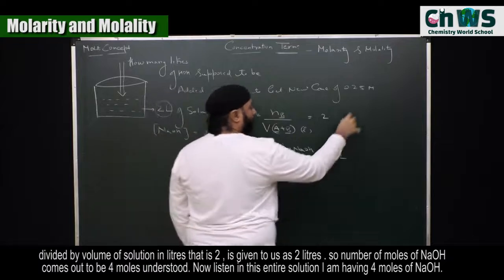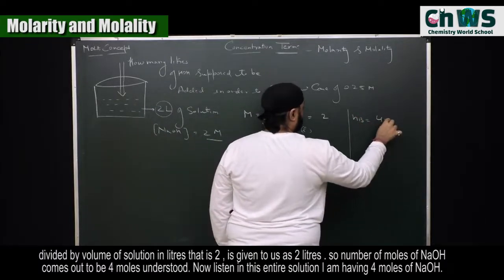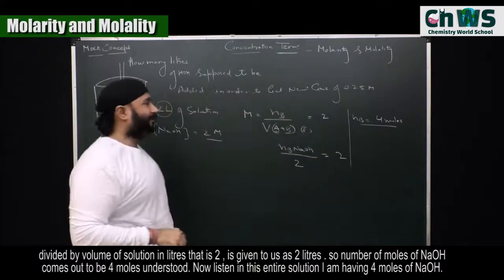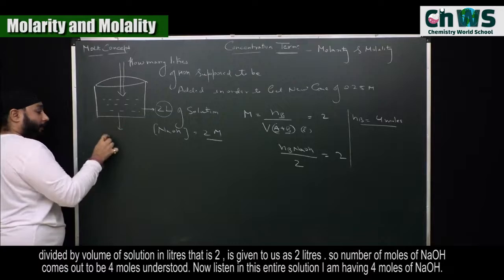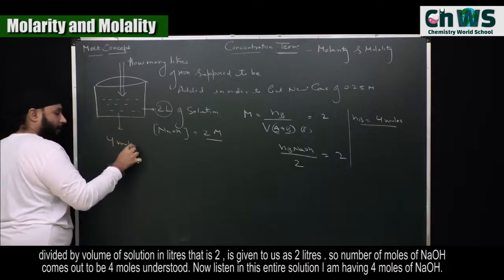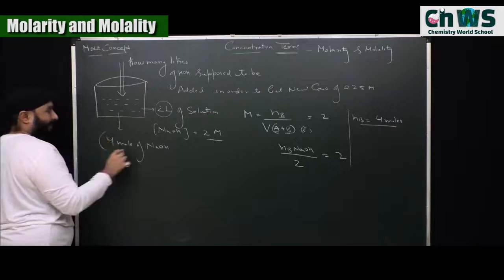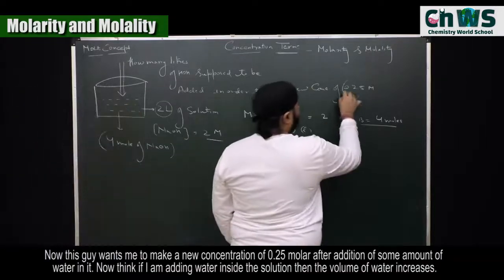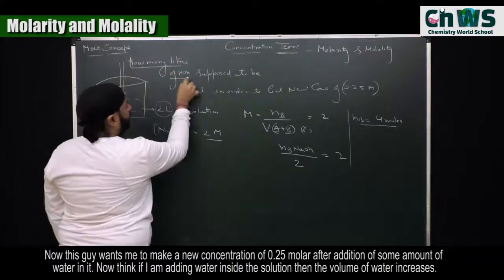So number of moles of NaOH comes out to be 4 moles. Understood? Now listen, in this entire solution I am having 4 moles of NaOH. Now this guy wants me to make a new concentration of 0.25 molar after addition of some amount of water in it.